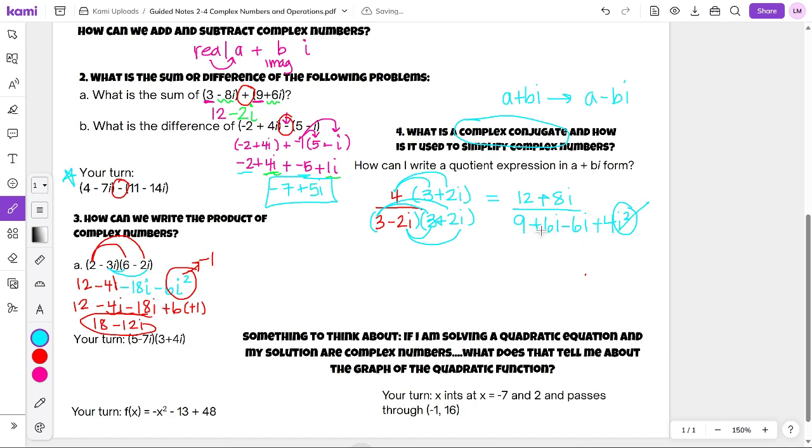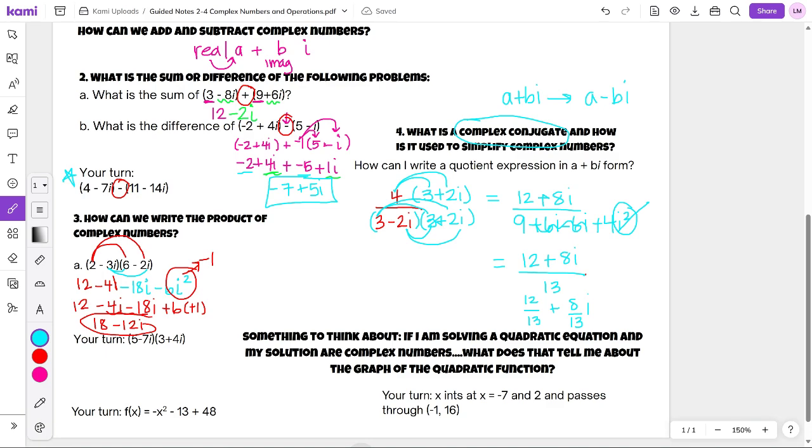So 12 plus 8i on the top, and then 9 plus 4 is 13 on the bottom. So another way that we could write this is 12 over 13 plus 8 over 13 i. And that would be in a plus bi form.